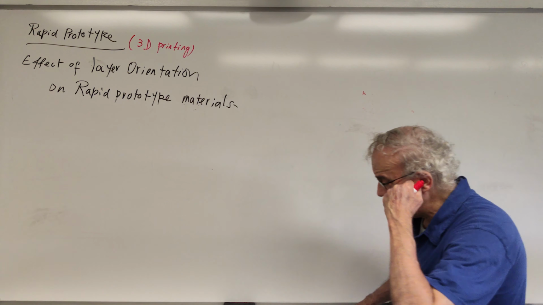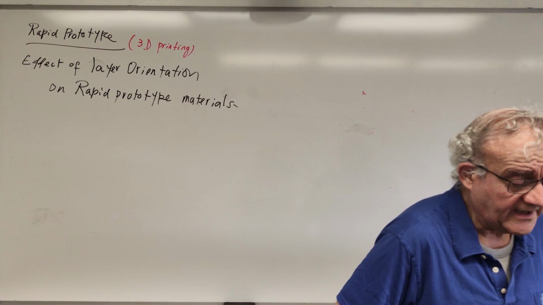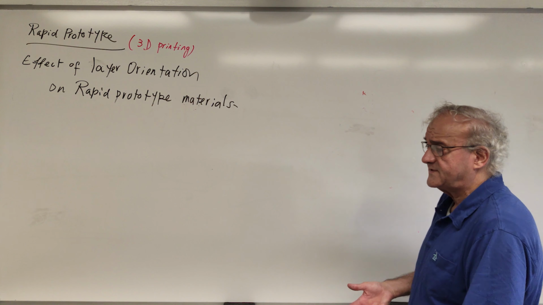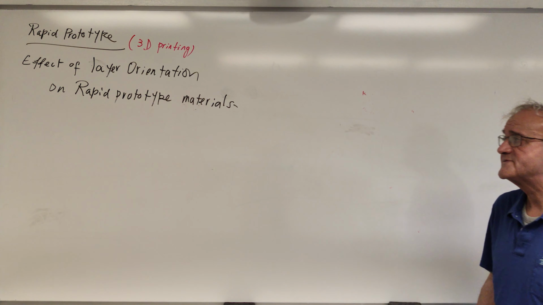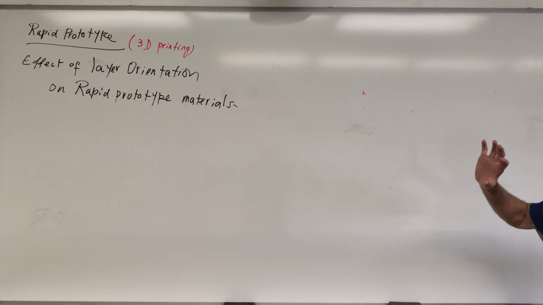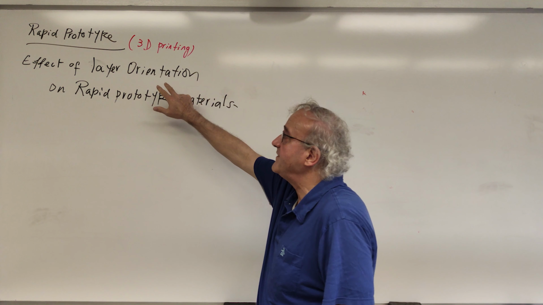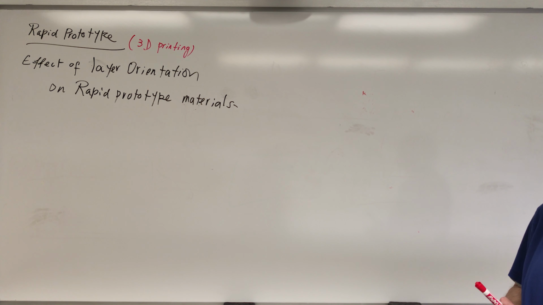I'm going to give you a paper that we did several years back. It is very highly cited. And Mr. Jiadong Sam is going to give you an experiment on ISO testing or impact testing of polymers. What we're going to concentrate on is the effect of the way that the layers are oriented on the 3D printed materials.